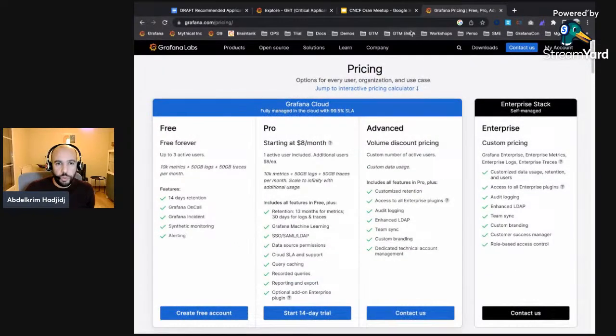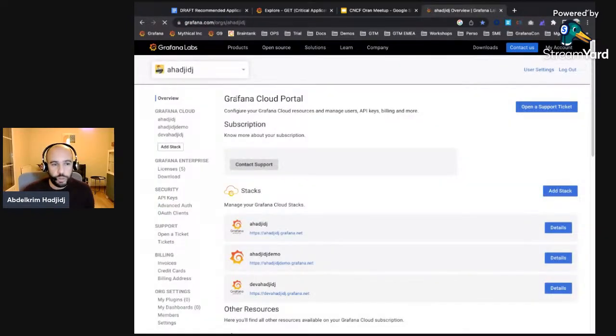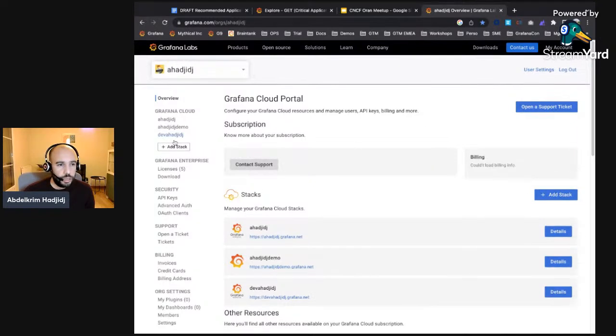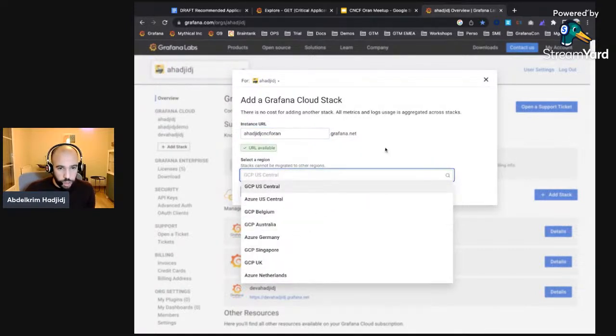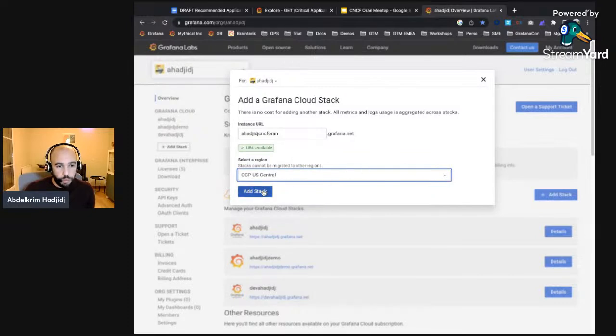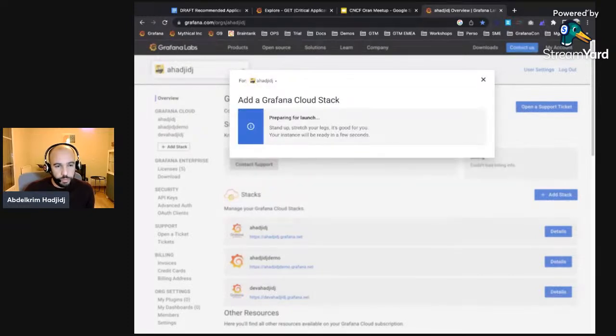And then when you create the cloud, it looks like this. You can get there, you can add a stack, you give it a name. You can define in which cluster it's deployed, and you create the stack.